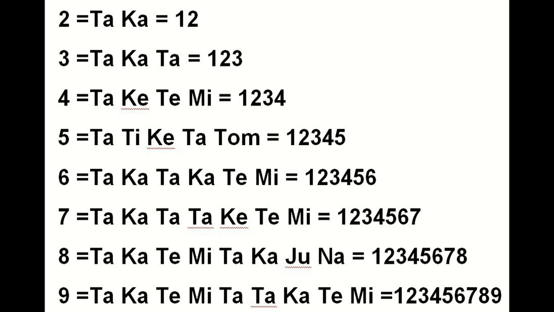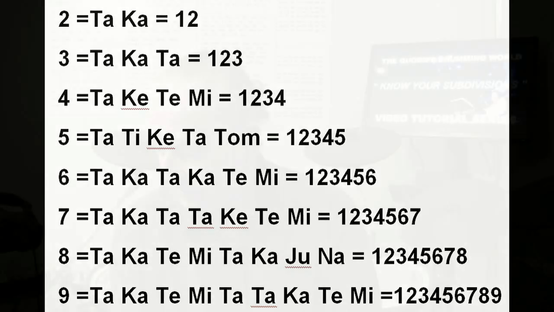And 9: takatemi ta takatemi, takatemi ta takatemi, takatemi ta takatemi. So there you have it. These are the basics of South Indian Konnokol, from groups of 2 up to 9.